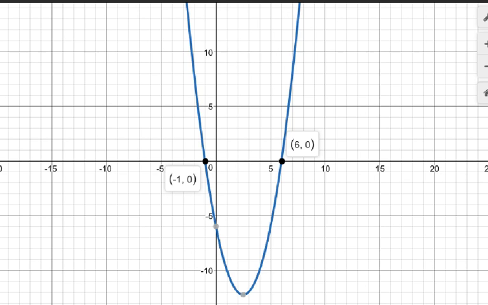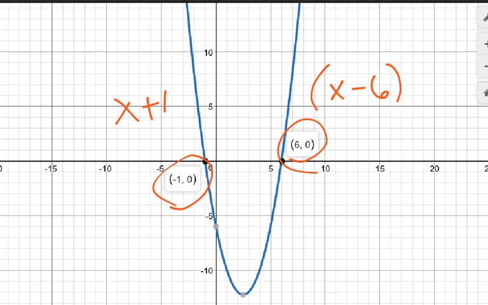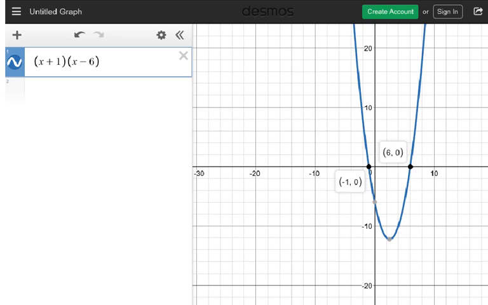For example, this parabola passes over the x-axis at positive 6 and at negative 1. So what that means is that in the equation itself, the factors were x minus 6 and x plus 1, which, if you look here, is exactly what I entered to graph this parabola.